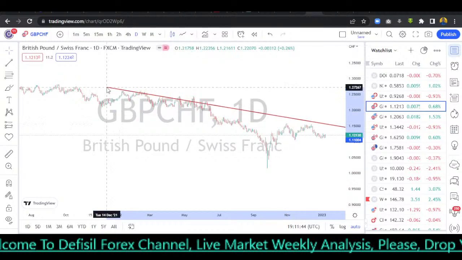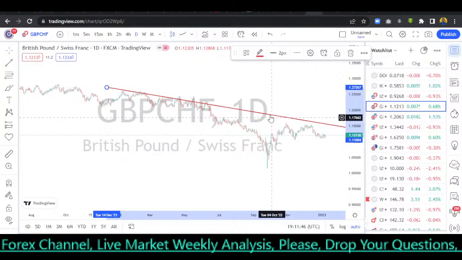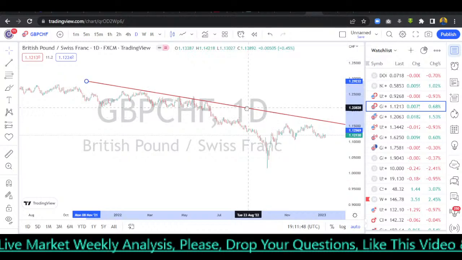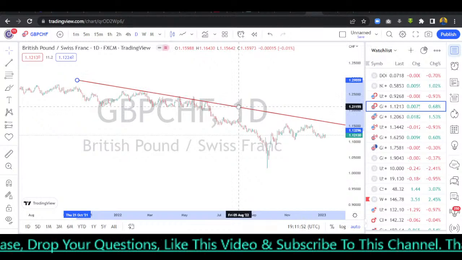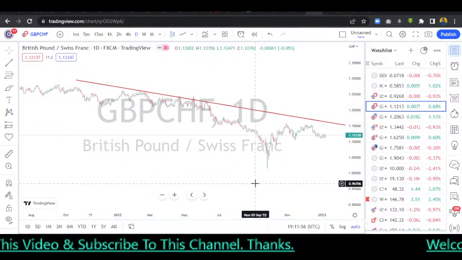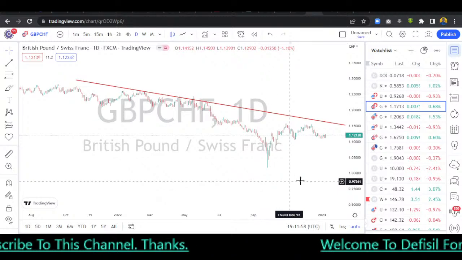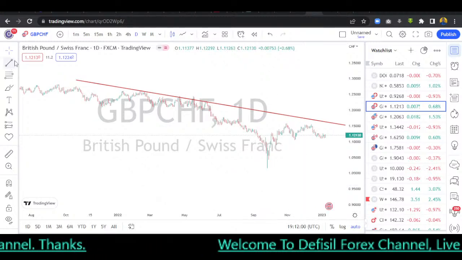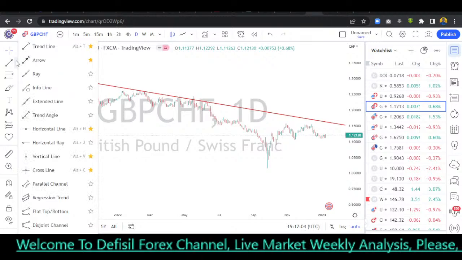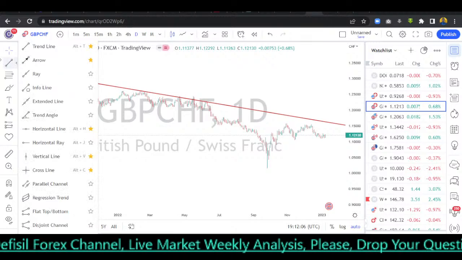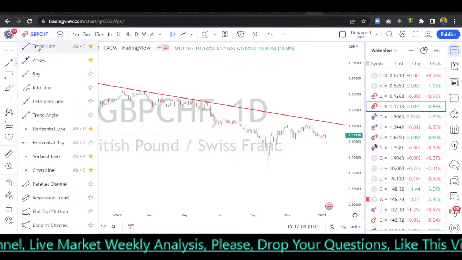It's still in a downtrend. Then let's draw the minor points or the minor areas and see what's there.